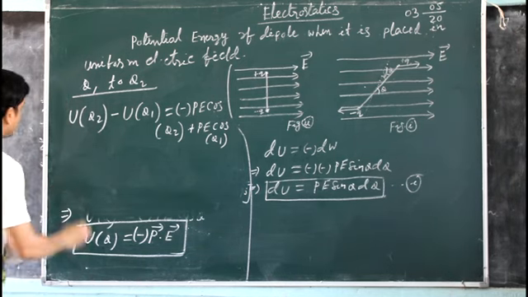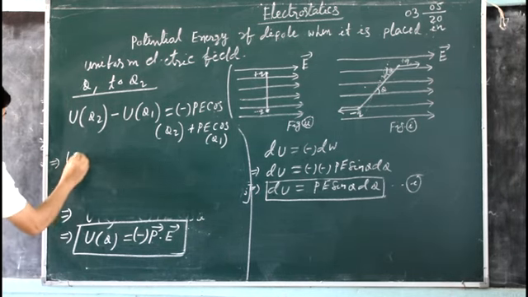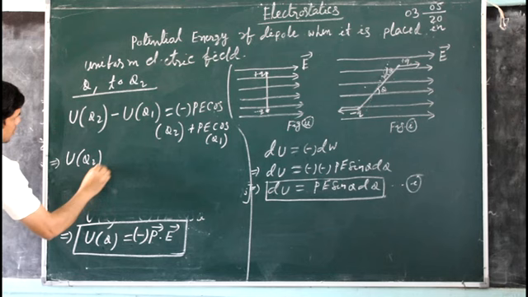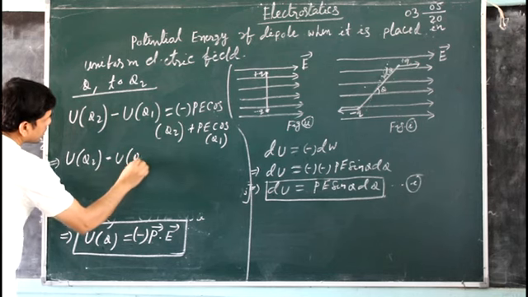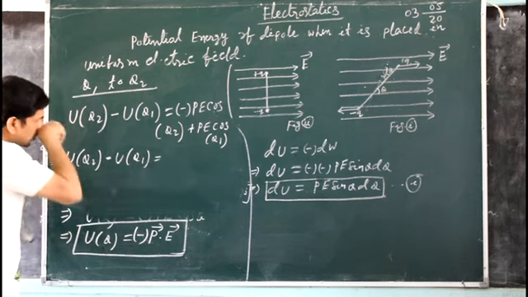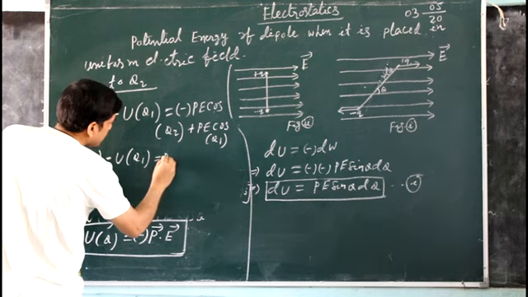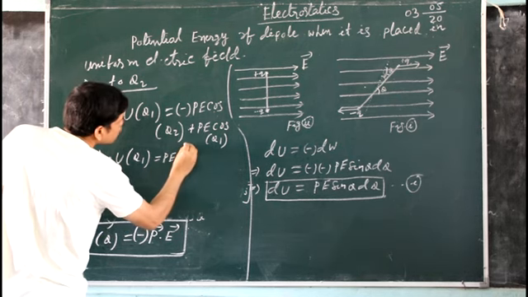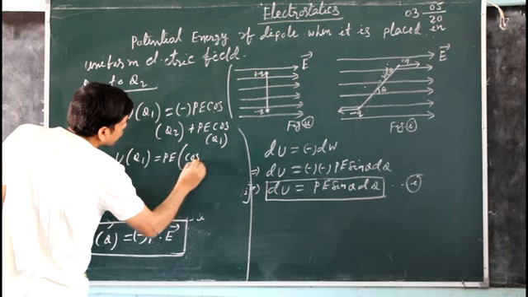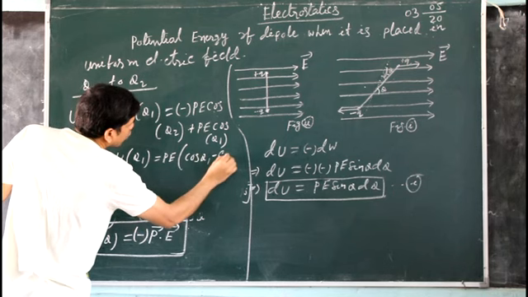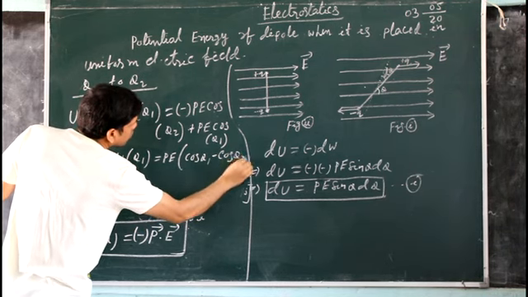Okay, so U theta 2 minus U theta 1 equals PE cos theta 1 minus cos theta 2.